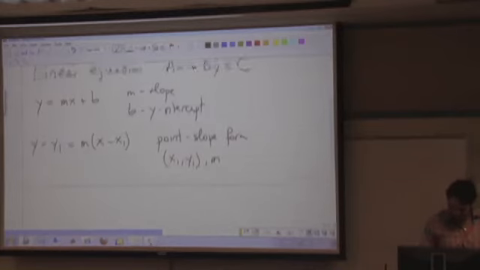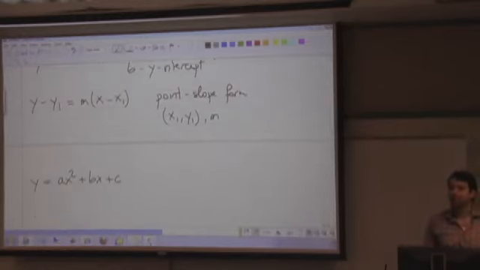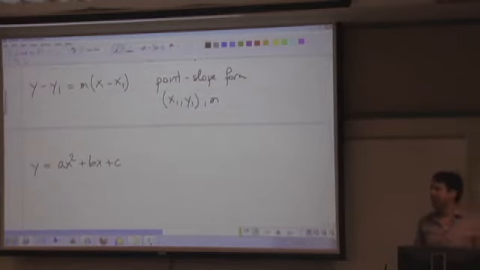Now if I look at y equals ax squared plus bx plus c, what do we call this? A quadratic equation, right? Okay, let's play a little game. What's the y-intercept? It's c.